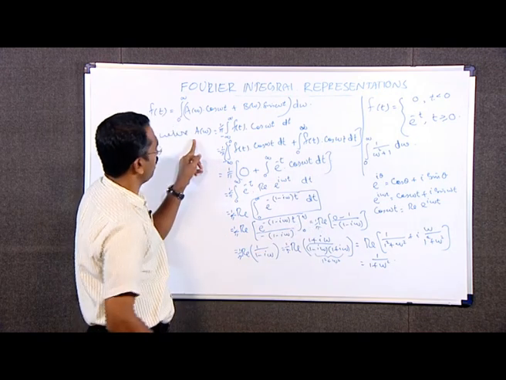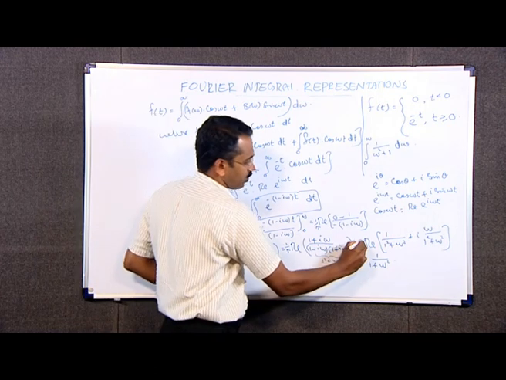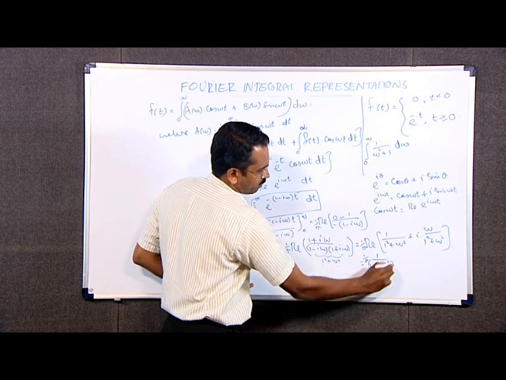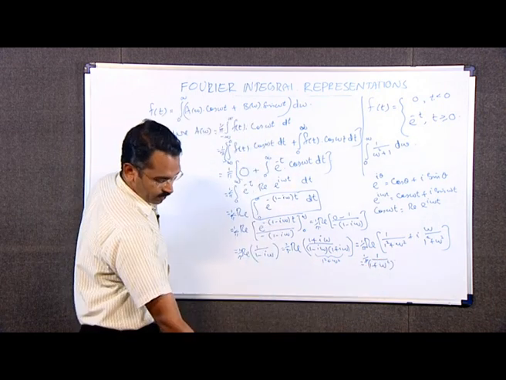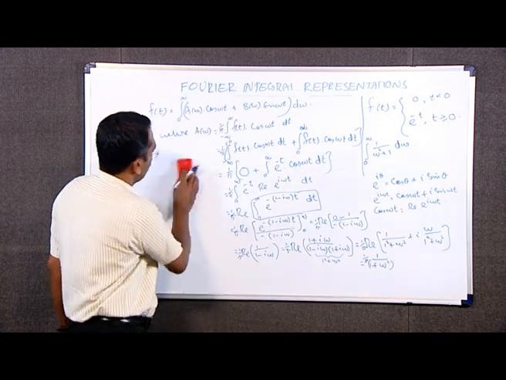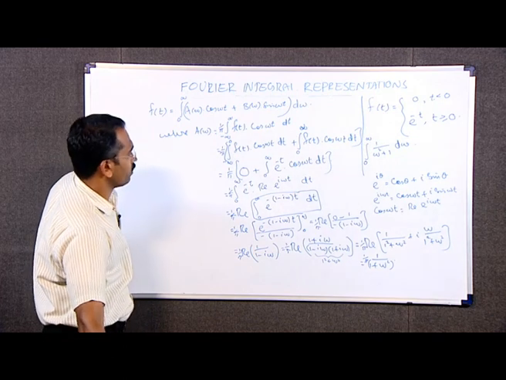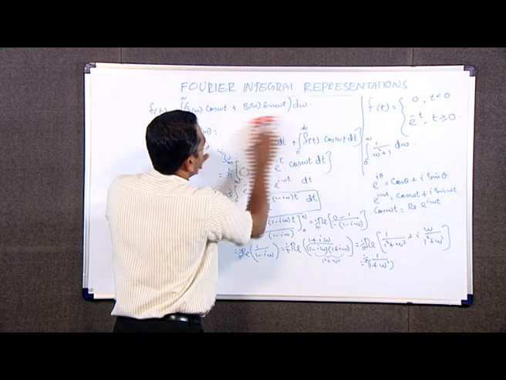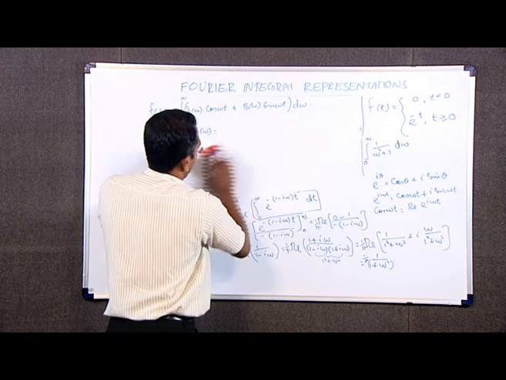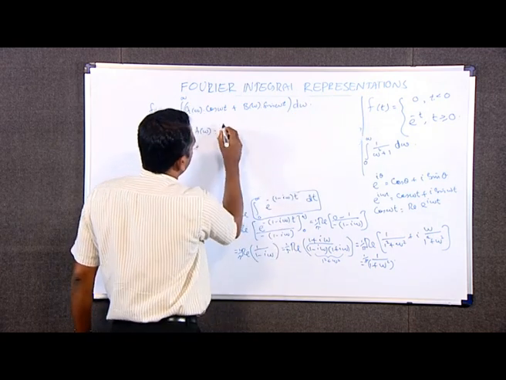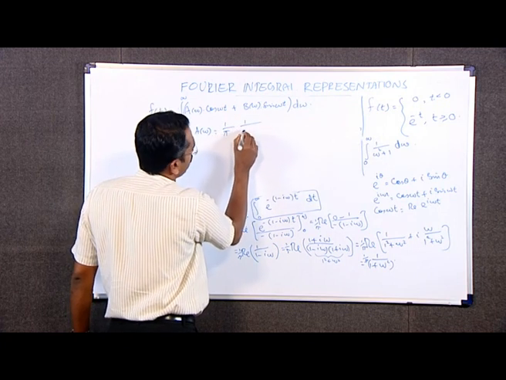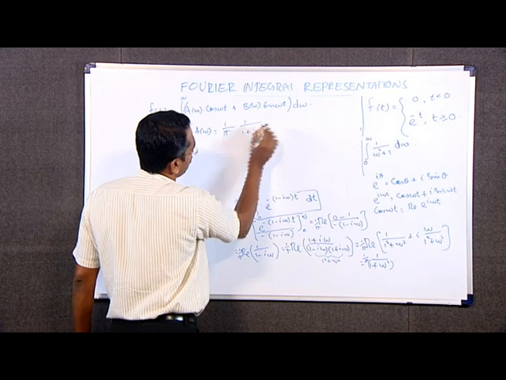Therefore, the value of A omega is 1 by pi into 1 plus omega square. Now, consider B omega. We obtained A omega as 1 by pi into 1 by 1 square plus omega square, that means 1 plus omega square.